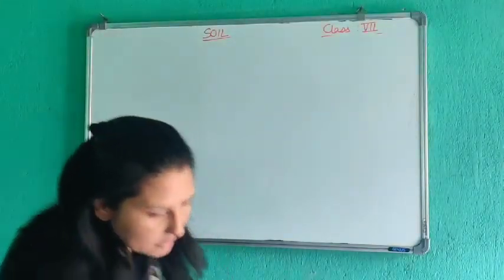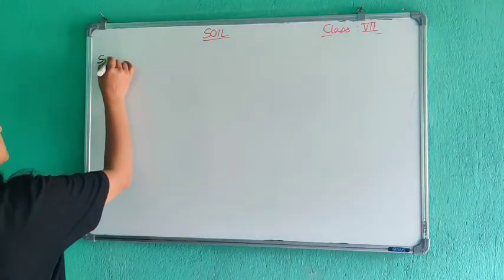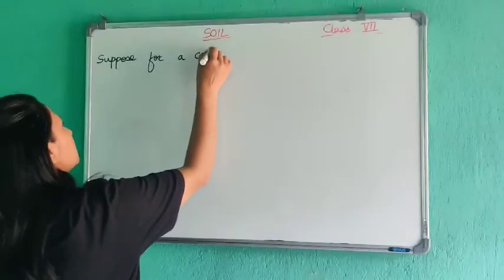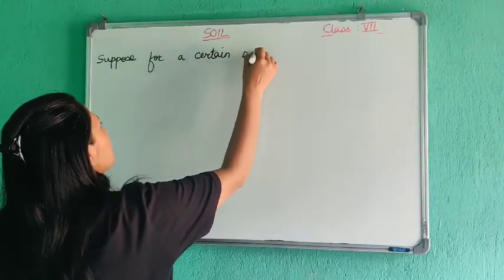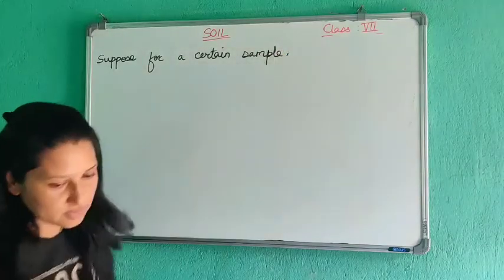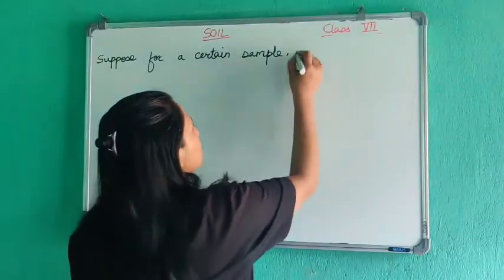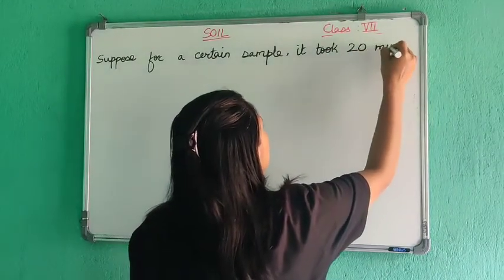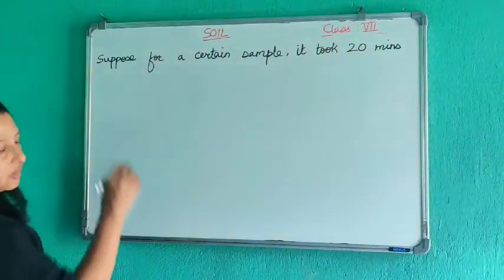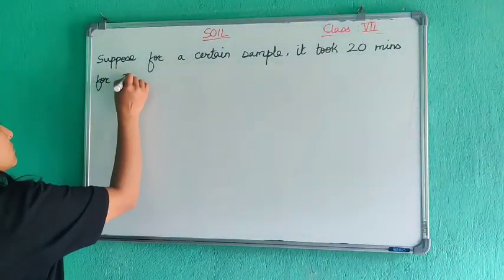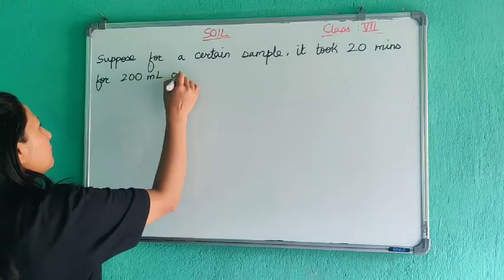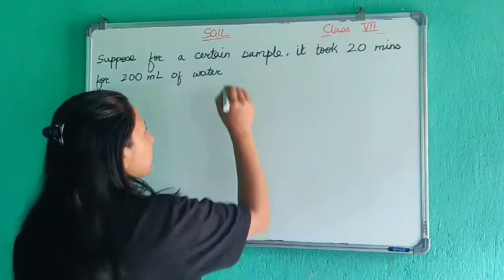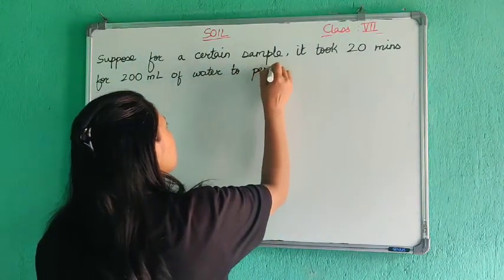Suppose for a certain sample it took 20 minutes for 200 milliliter of water to percolate. Calculate the percolation rate.